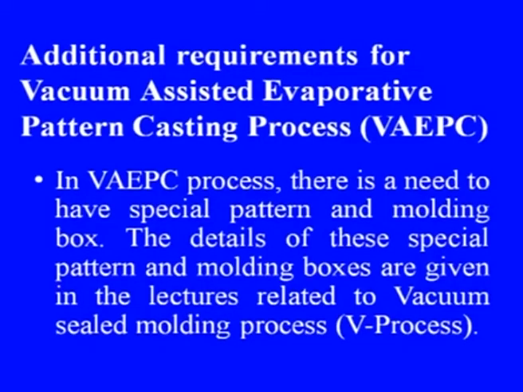Then what are the additional requirements for vacuum assisted evaporative pattern casting process? In the vacuum assisted evaporative pattern casting process, there is a need to have special pattern and molding box. The details of this special pattern and molding boxes are given in the lectures related to vacuum sealed molding process.